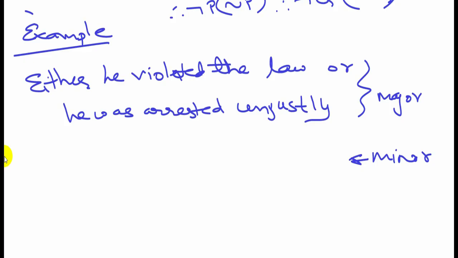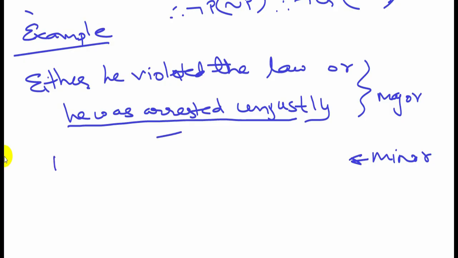And alternatively, if the consequent is affirmed, that he was arrested unjustly, then the antecedent is denied. That is, if he was arrested unjustly is true, then it can be said he did not violate the law. Okay, so let's look at it slowly, we'll go gradually.